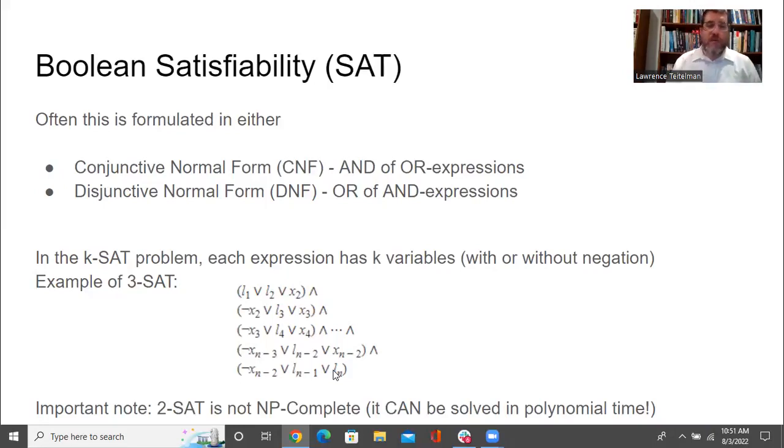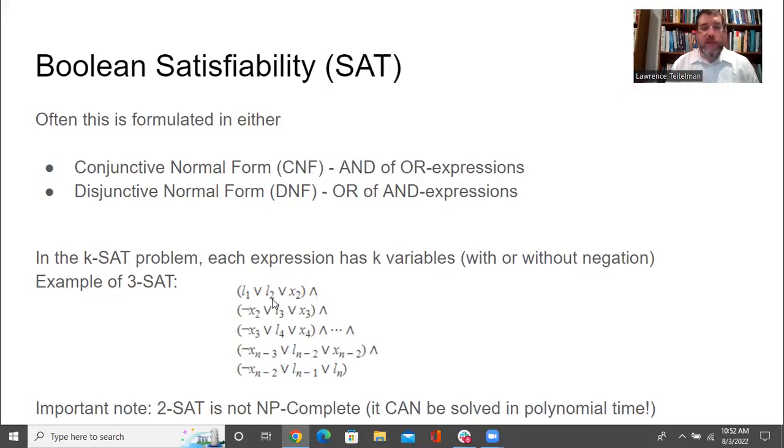Here, in conjunctive normal form, each clause has only ors. You can have nots, but no ands. And when we combine the clauses, we use only ands. There are no ors between the clauses, only inside them. So we call that a normal form.